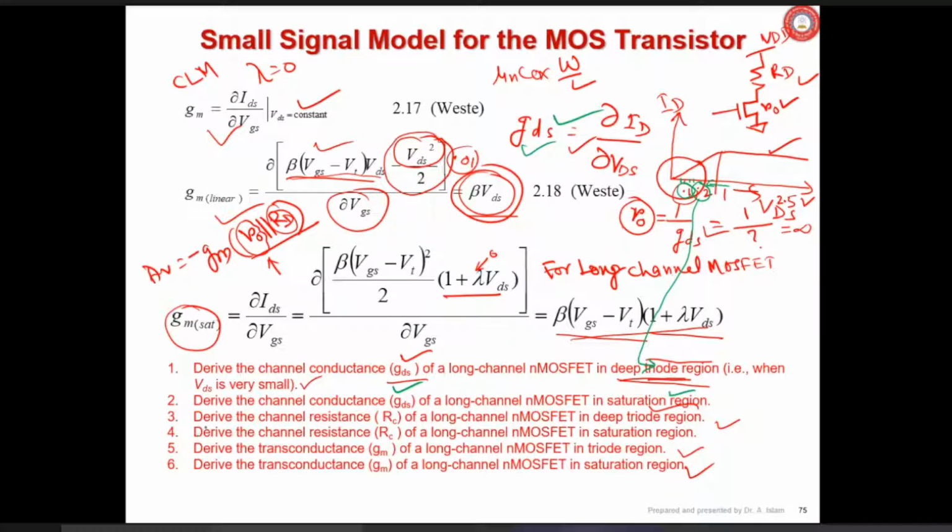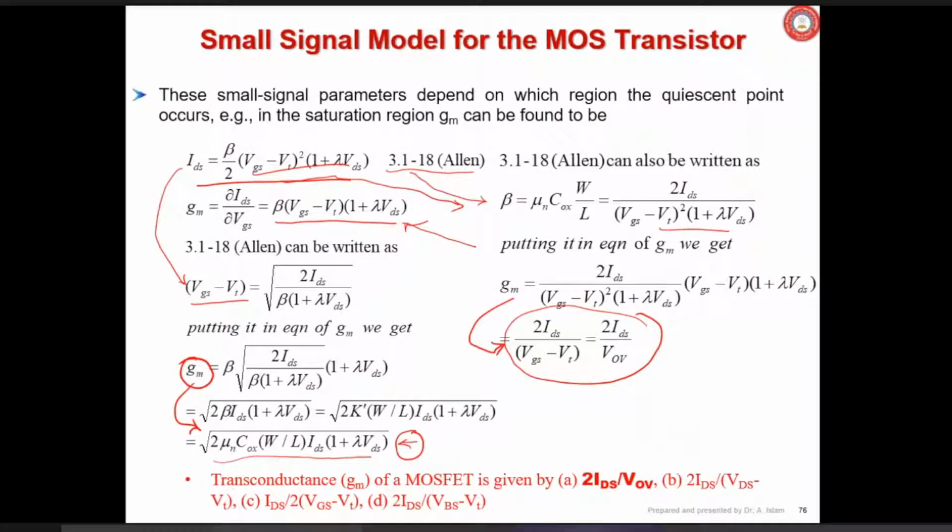Then derive the channel resistance RC of a long channel MOSFET in the deep triode region, again remembering the same definition. Derive the transconductance in a long channel MOSFET, in linear and saturation. I hope these are very silly for you. You can do it. If anybody doesn't understand, tell.